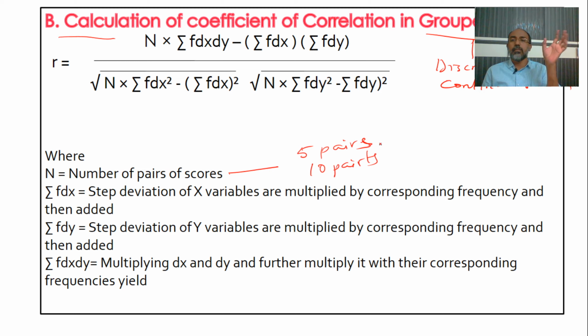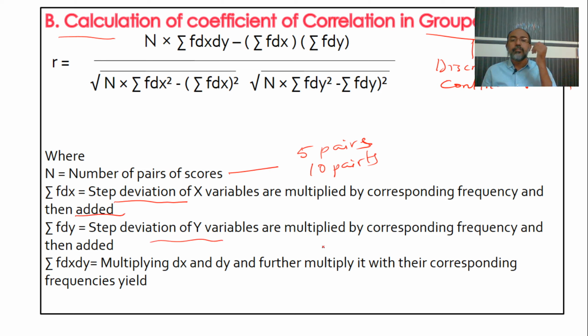So one having 5 and another one having 10, no. It must be a pair of the data. Then fdx is taken from the assumed mean. So step deviations of x variables are multiplied by the corresponding frequencies and then added. So this is also in the same way.